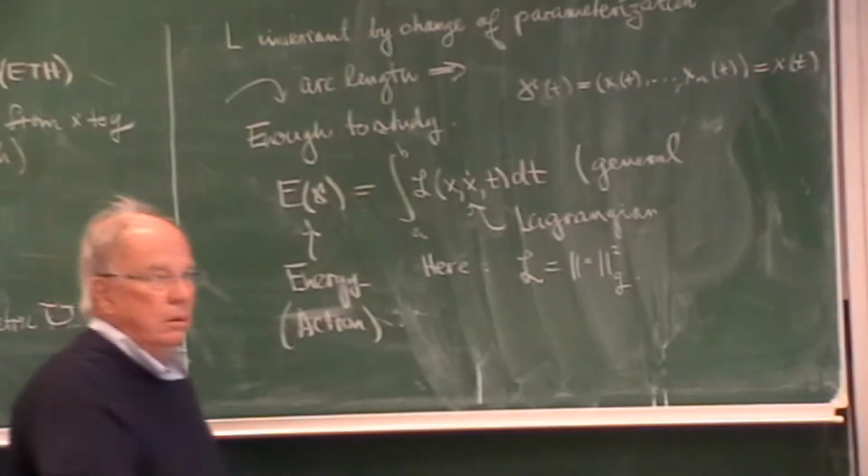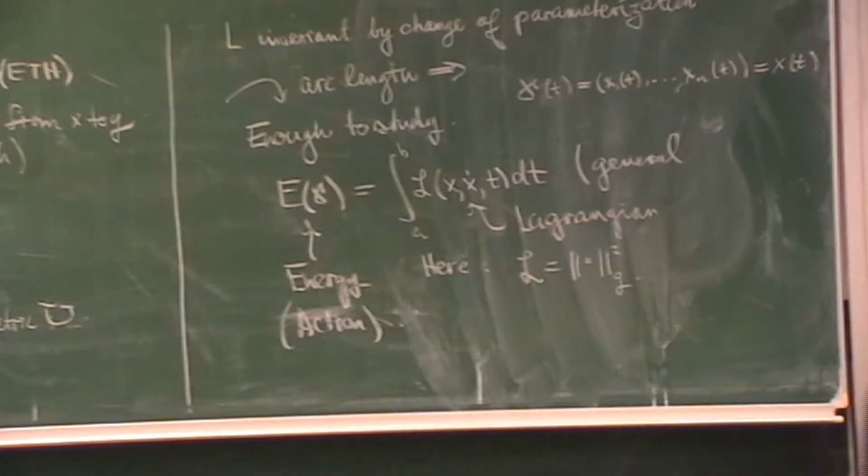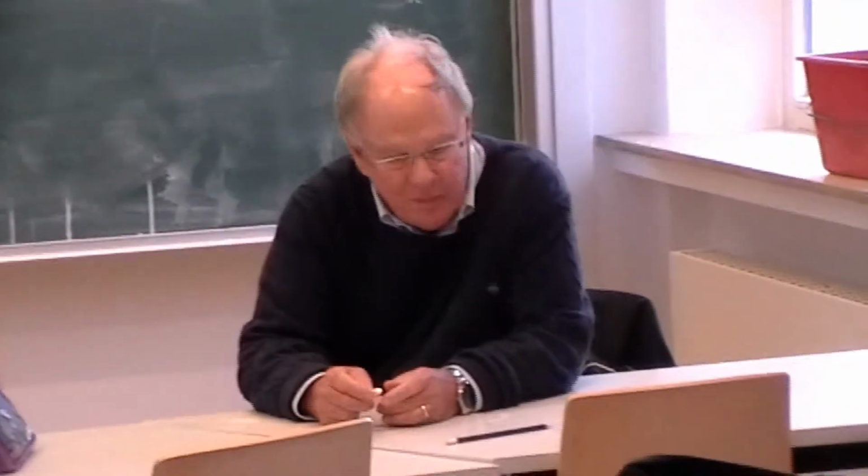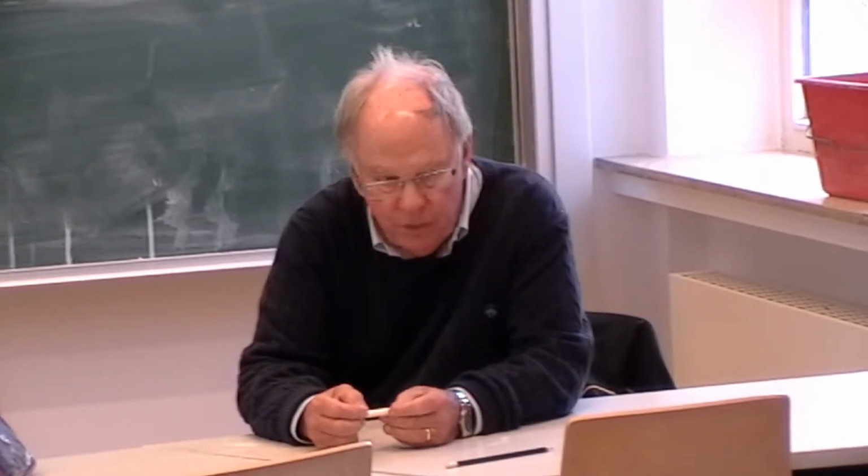So doesn't that mean that in our case the Lagrangian is 1? What? So in our case the Lagrangian is 1? I know what you mean. Because I said it's enough to reduce to arc length. And so the answer is no. I understand your point.